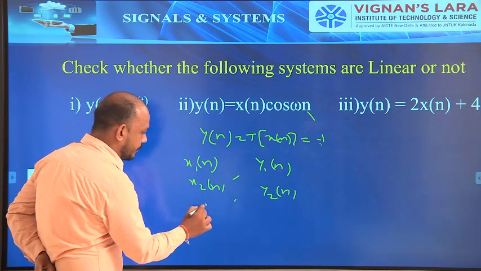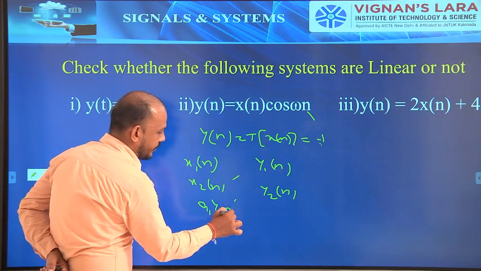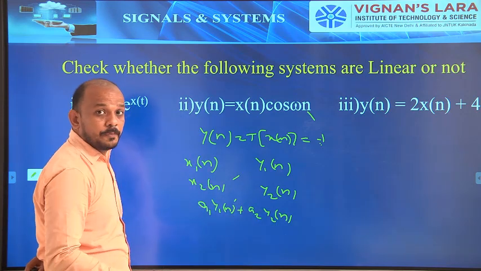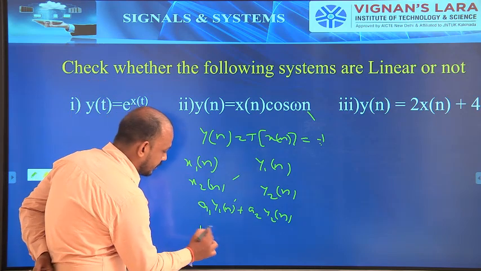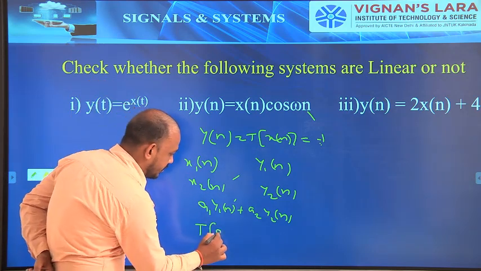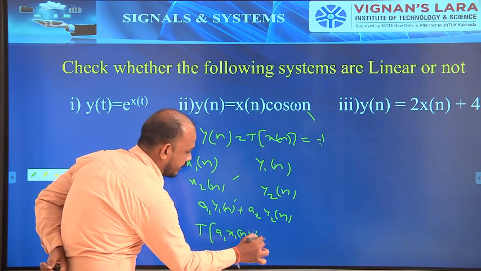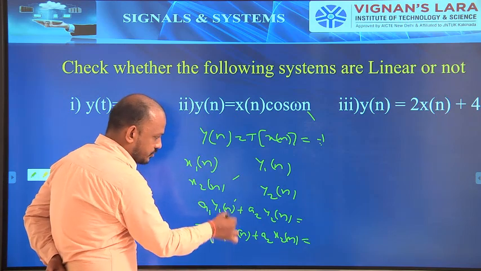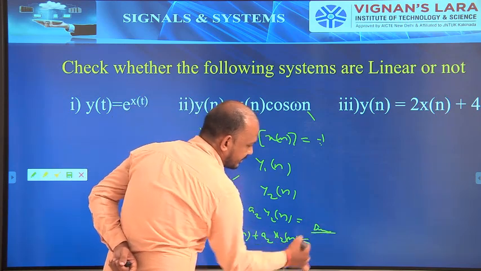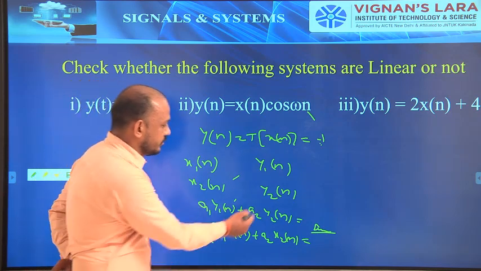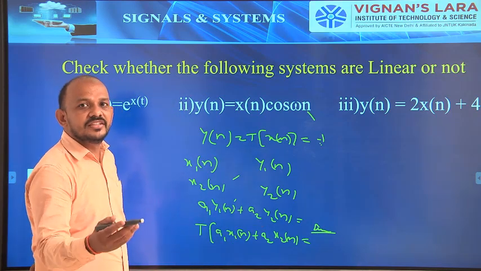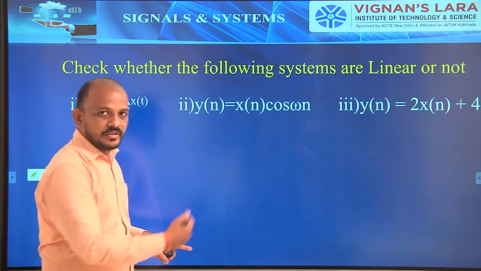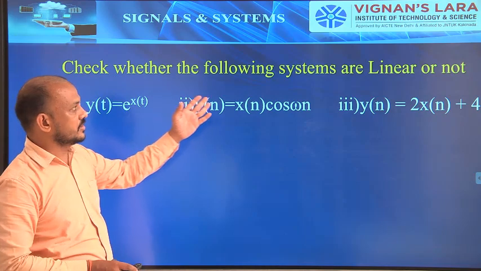Now weighted sum of outputs, a1 y1 of n plus a2 y2 of n. Find out these values, and then the output due to weighted sum of inputs, the transformed version of a1 x1 of n plus a2 x2 of n. Find out these values. If these two values are same, then we can say that is linear. If these two values are different, then we can say that is non-linear. So this is the procedure to check whether the following system is linear or not.